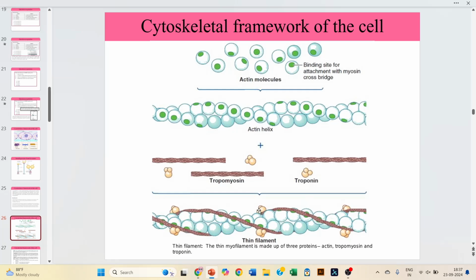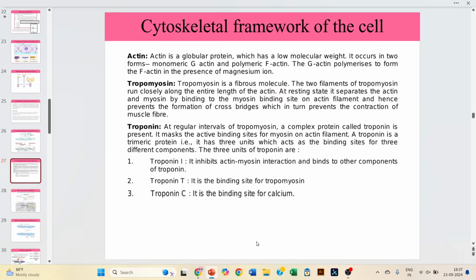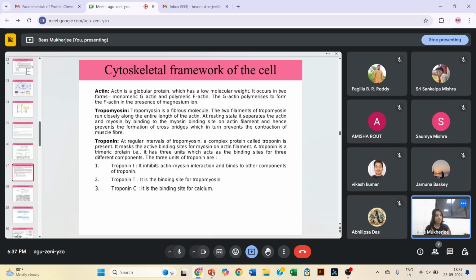So these also come and attach to the tropomyosin. So see, the thin filament is made up of 3 proteins. One is your actin, then is your tropomyosin, and then there is the troponin. Okay, so actin, we will now recall whatever we learned until now.